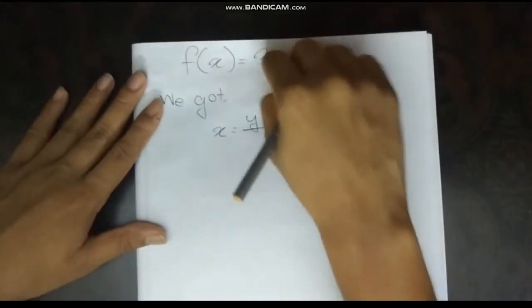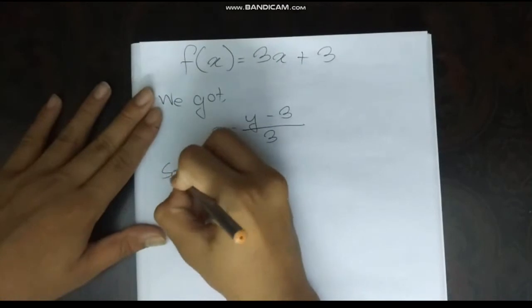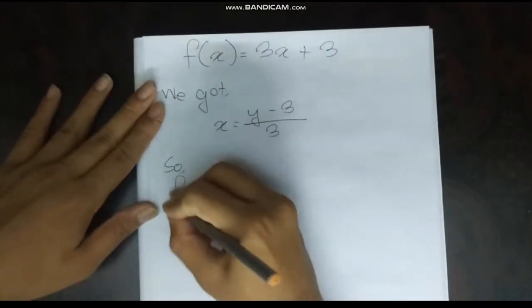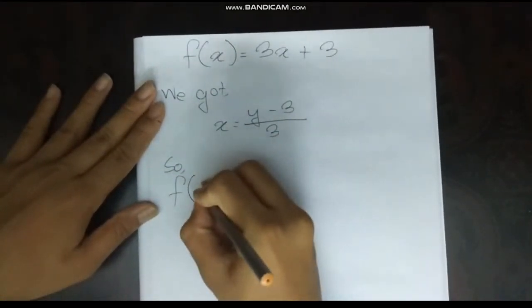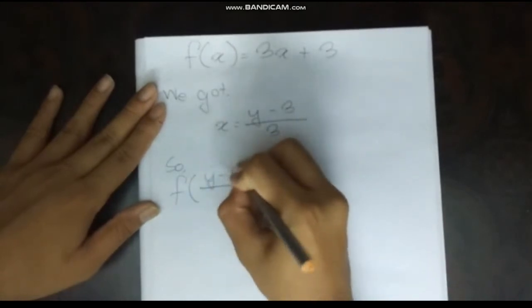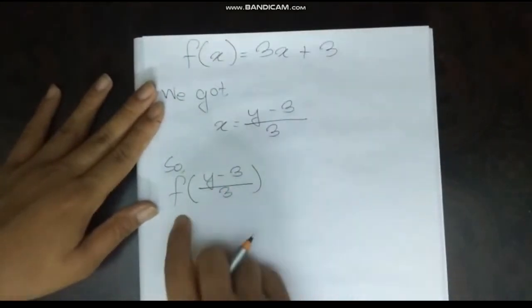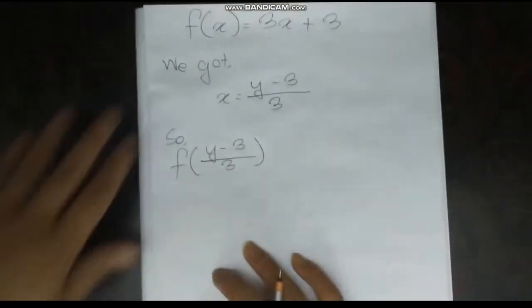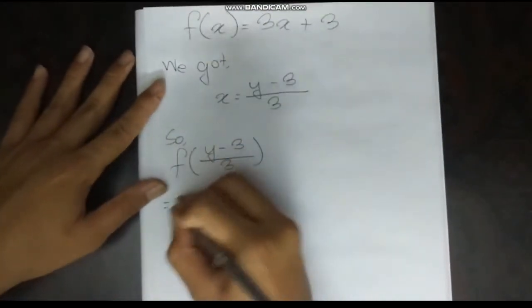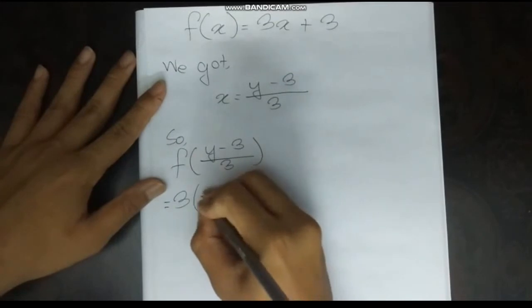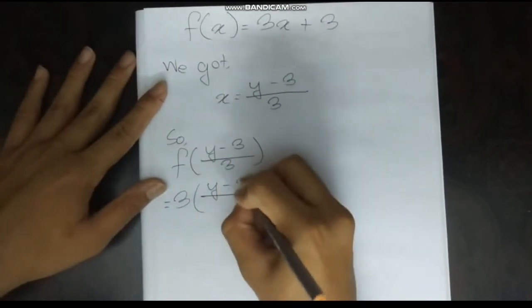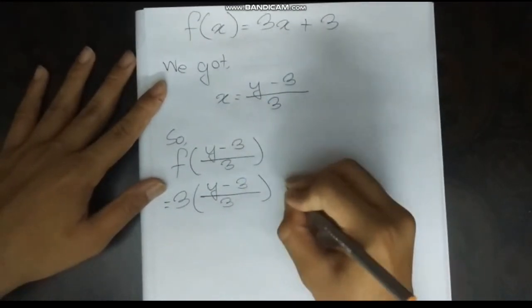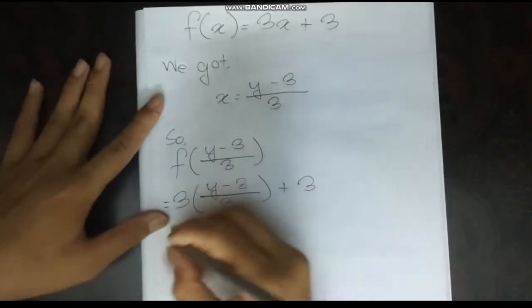We put the value of x here, so f of y minus 3 divided by 3 is equal to 3 multiplied by y minus 3 divided by 3, plus 3.